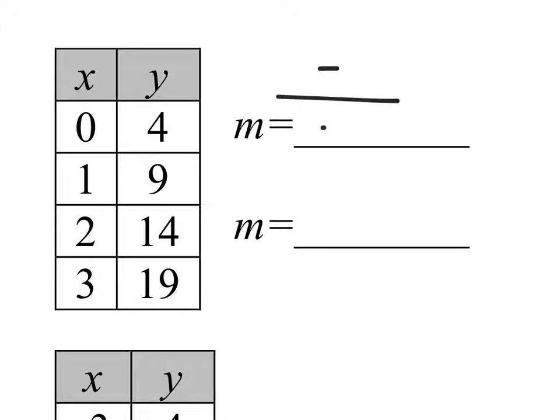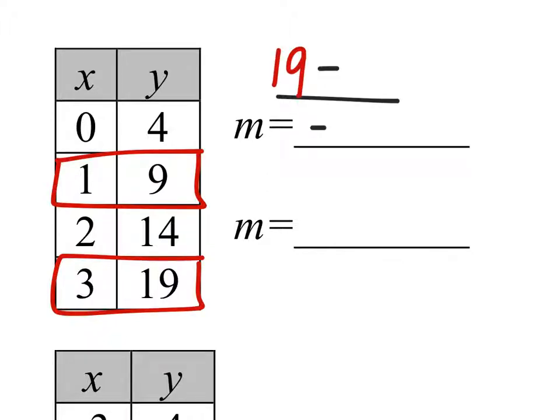So again, let's do this using the equation. What 2 points do you want to use on this one? Sounds good, (3, 19) and (1, 9). For my y values, I got 19, and then the second y value was 9, so that gives me the change in y's. 19 minus 9 is 10.